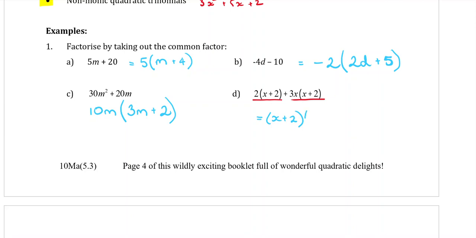Then I'm going to open another set of brackets and the remainder of each term is going to go inside. So if the x plus 2 has gone out the front, that means this 2 needs to go inside the bracket. In the second term, the x plus 2 has gone out the front, so the 3x needs to come into the bracket, and that is how you completely factorise.